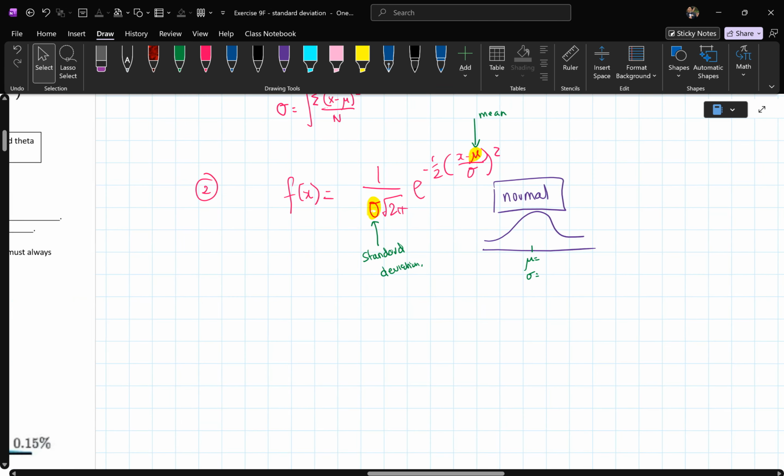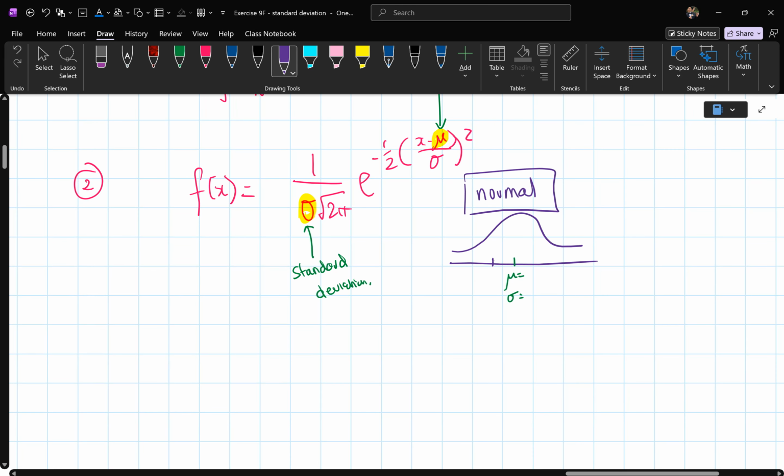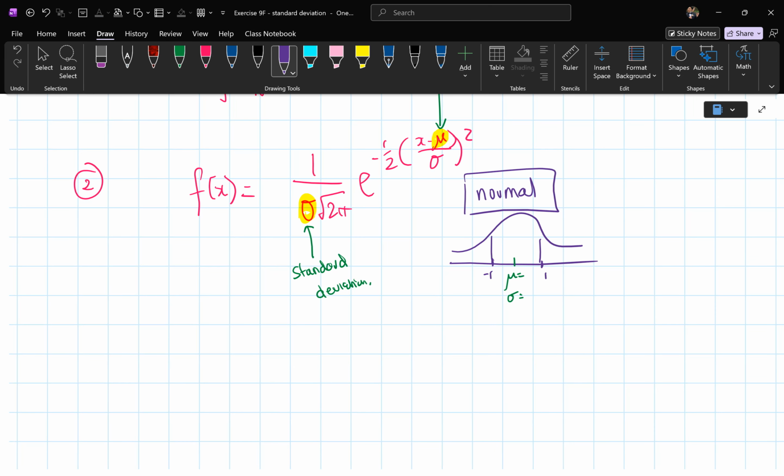Now, part of what you needed to know was what happens if you're one standard deviation below and above. If you went from the mean, added one standard deviation above and one standard deviation below, so between -1 and 1, how much of a percentage or area does this cover again?